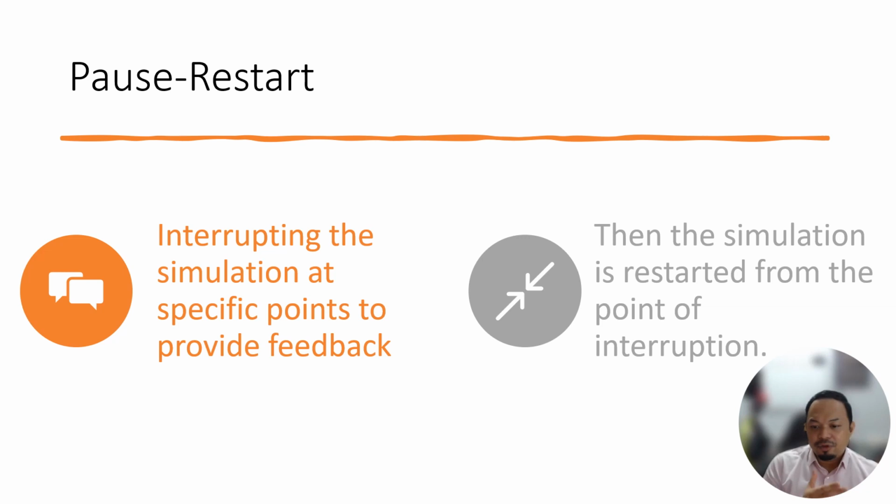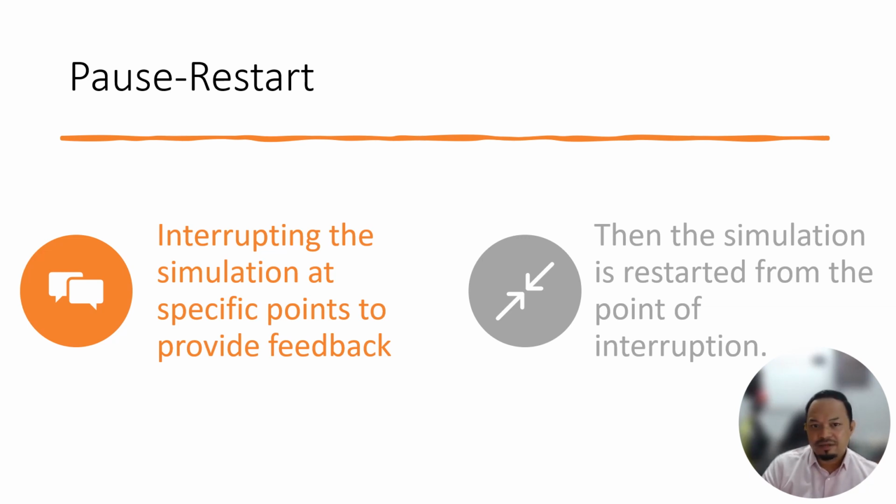After you pause, the simulation is restarted from the point of interruption. This is very important, to differentiate it between pause and restart, and rapid cycle deliberate practice later. So the simulation is restarted from the point of interruption, and then you move on, and then you pause again, you do debriefing, and then you start again at that particular point, and you move on until you complete your simulation activity.